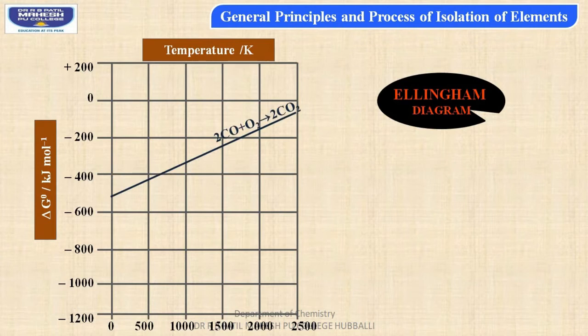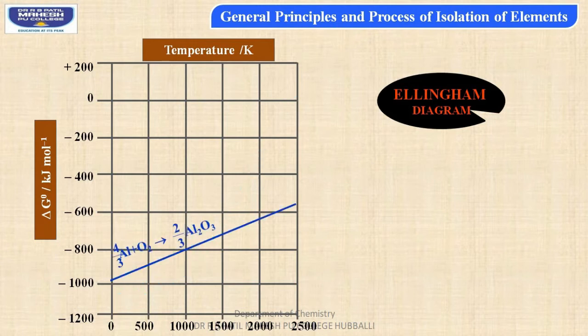And next, oxidation of carbon monoxide to carbon dioxide steadily increases, whereas in the case of magnesium getting oxidized to magnesium oxide, there is an increase in the curve, and at a particular temperature it rises sharply.